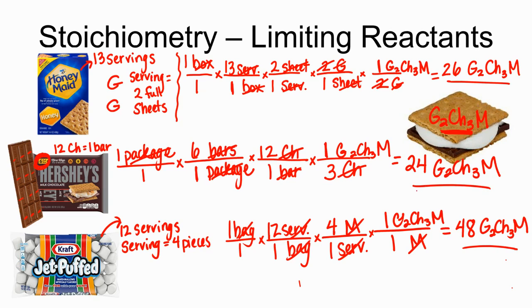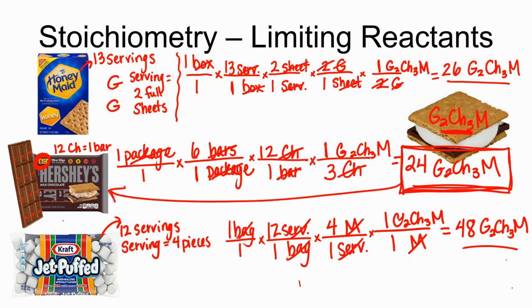Well, we can only make 24 s'mores because at that point, once we made the 24th s'more, we are out of chocolate. And the way I like to make s'mores, you usually run out of chocolate first. So we'd say that all we can make are 24 s'mores, and that the limiting reactant then is the chocolate. It's the one that will run out first.